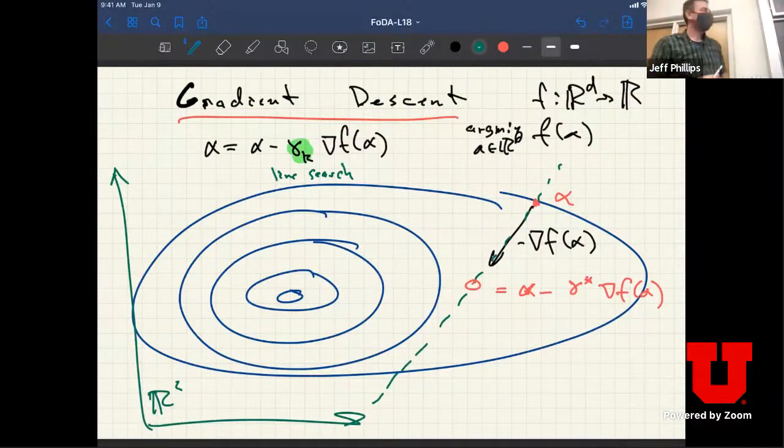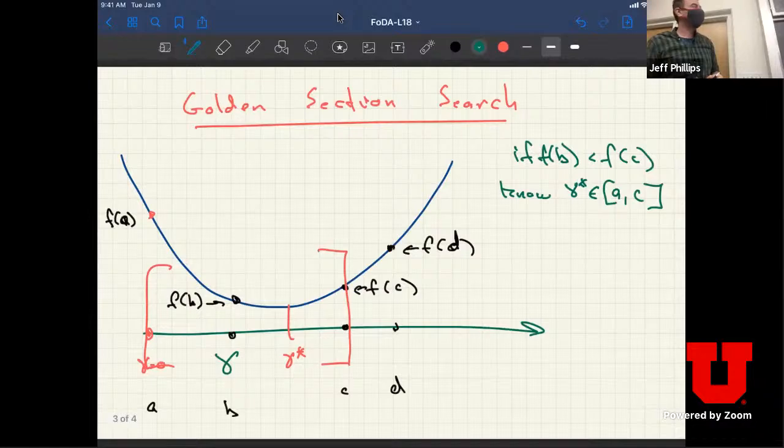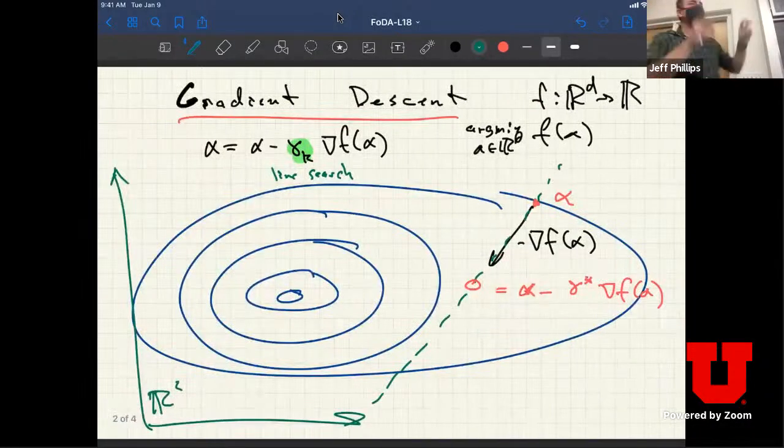For each step in the iteration, we can choose a gamma. You can choose a different gamma for each step, and that's why I put a subscript k here, because at the kth step you might choose a different gamma. The line search is a way of implementing that: it chooses whatever it thinks is the best one at each of the steps.